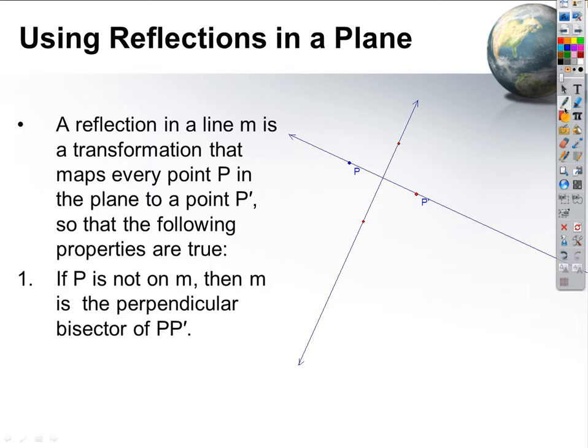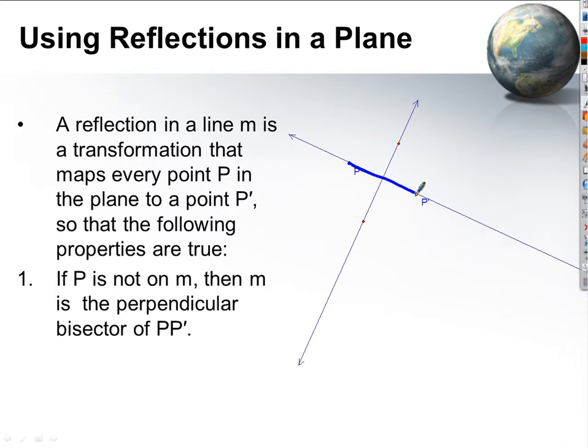So here it is, right here, this segment. The line of reflection is always a perpendicular bisector of that segment that connects the pre-image and the image, right? Perpendicular because they meet at right angles, and a bisector because those distances are the same. Okay, that's always the case.